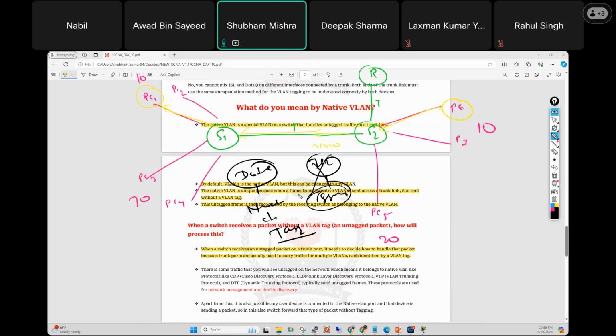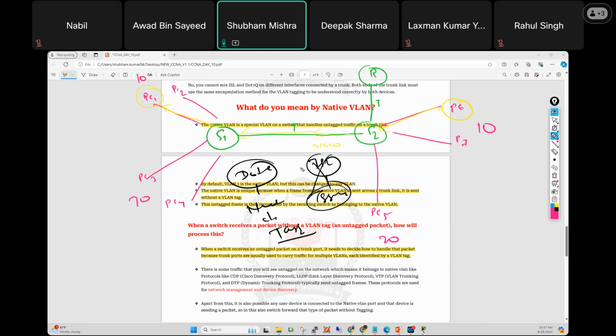Now you guys will ask, sir, what is the problem here? If ISL performs tagging, then it's fine, the switch will easily understand. Then what is the problem? But try to understand, between the switches, on the trunk link, there are multiple packets called management packets, which switches exchange.